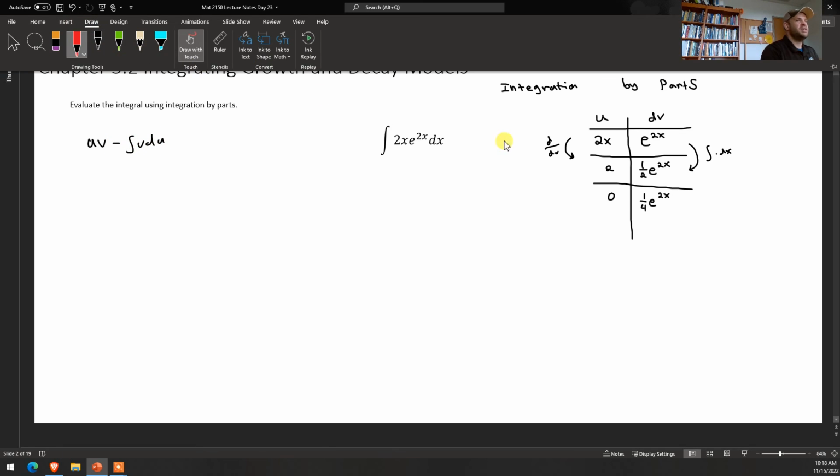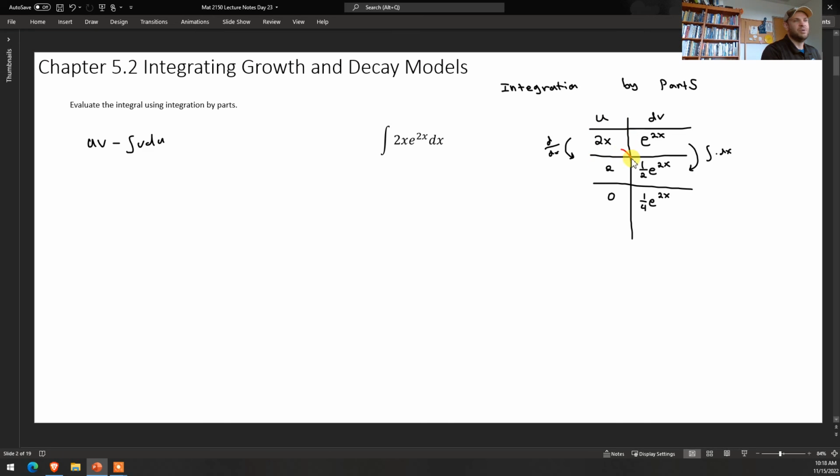But observe here that that is exactly this multiplication. Here we have uv minus the integral v du would give us this row, which actually turns into this multiplication by these two. So let's write down our answer with our old formula here and make sure that our chart gives us the correct answer.